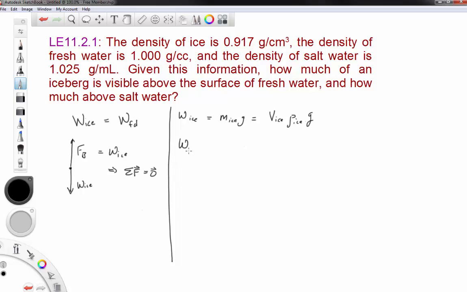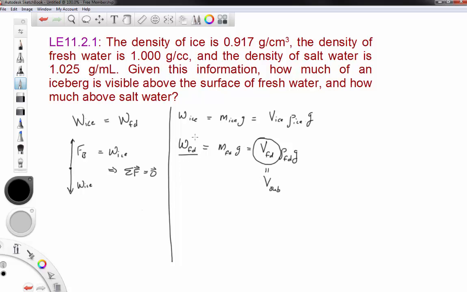And the weight of the fluid displaced should be given by, similarly, the mass of the fluid displaced times g, and so that should be the volume of the fluid displaced times the density of the fluid times g. And note that this volume right here should also be equal to the submerged portion of the ice cube's volume.